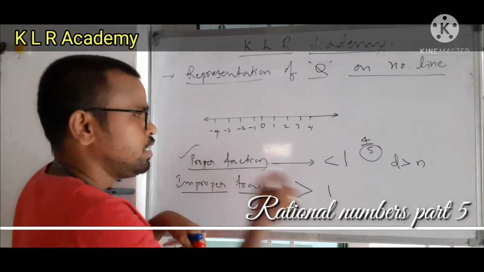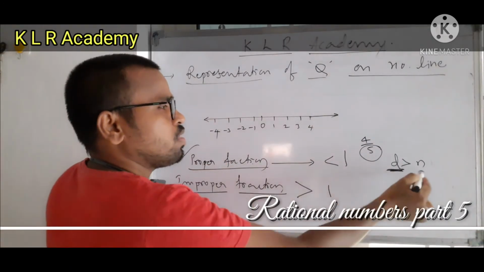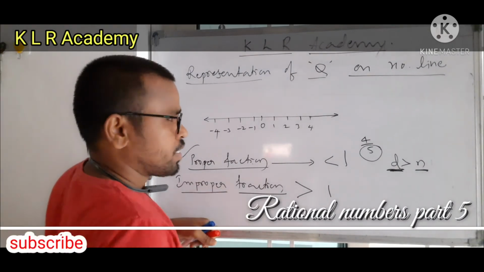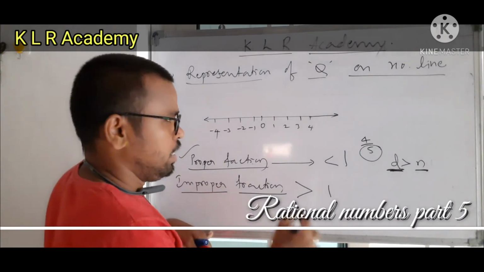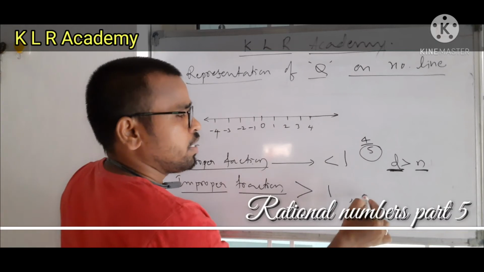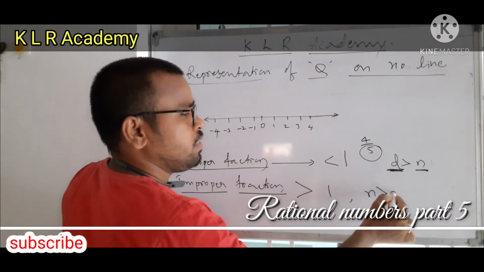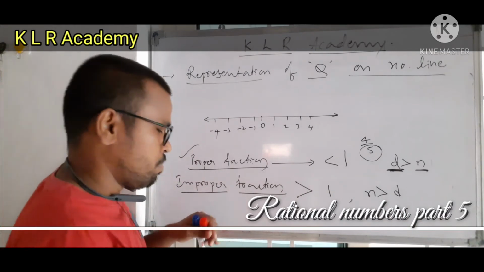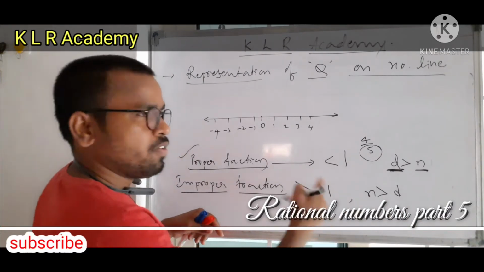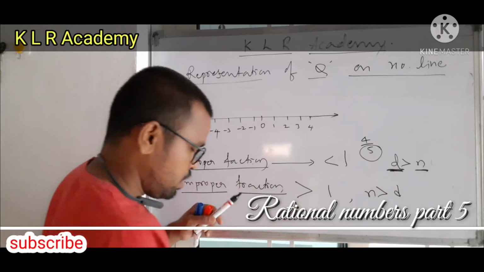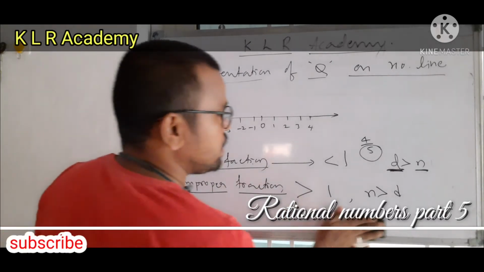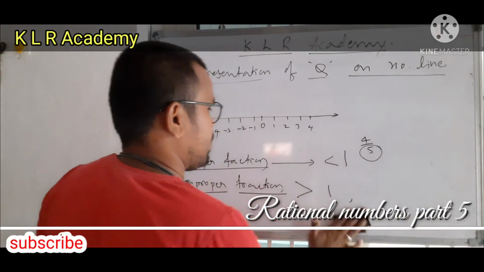In a proper fraction, the denominator value is more than the numerator. In an improper fraction, the numerator is greater than the denominator, then its value will definitely be more than 1. This is very important while representing rational numbers on the number line.